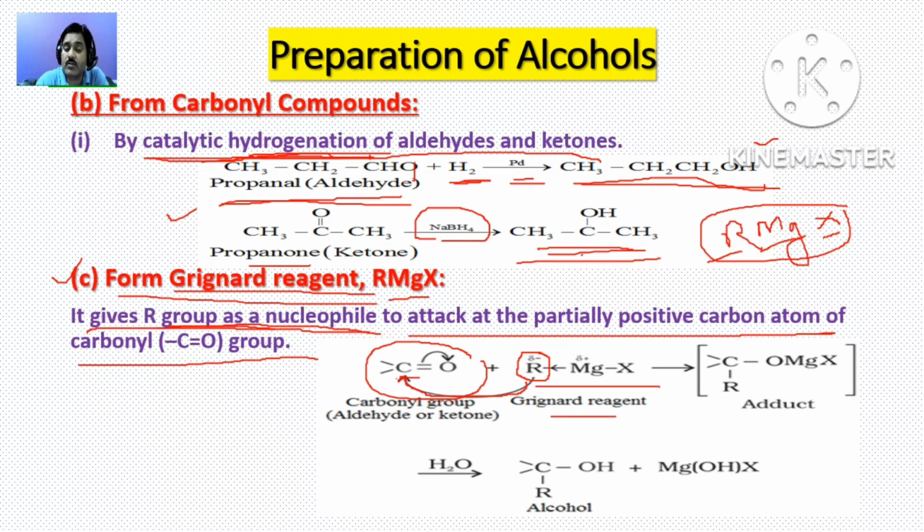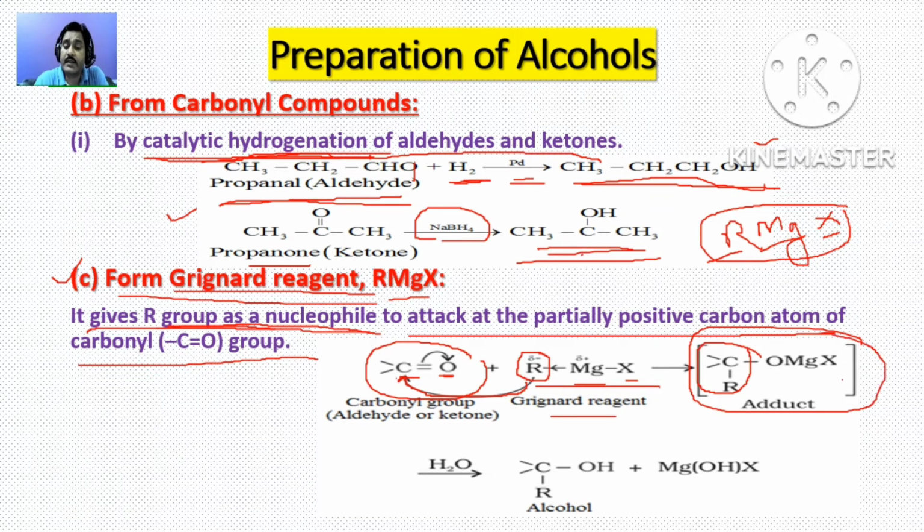The double bond will be broken and R will be added here. So it forms an adduct in which the alkyl group combines with the carbon, and the oxygen, which is combined with the carbon, is also combined with magnesium and halogen. So in the middle of the reaction, an adduct will be formed.